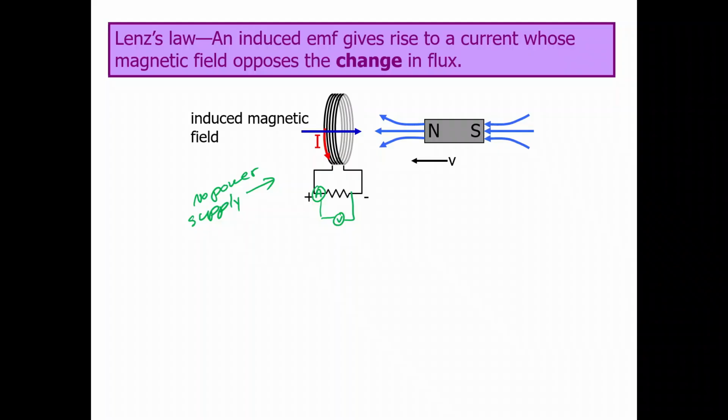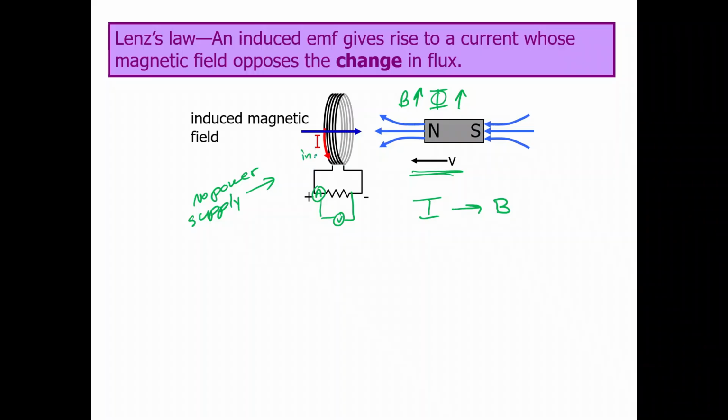What happens is I move this magnet here and I change my magnetic field. My flux is increasing because my magnetic field is increasing. Lenz's law says I need to oppose the increase. Remember that currents create magnetic fields, including in a solenoid.